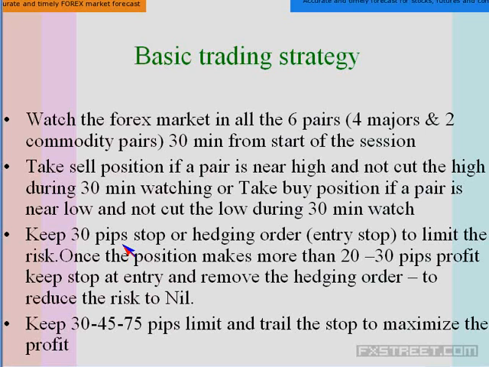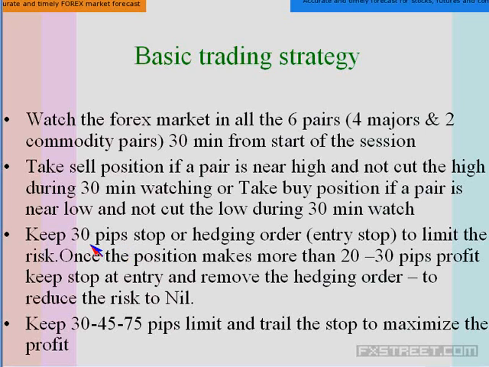And if you feel that the stop might be hit, then obviously don't take any position. And if you find that it is very unsafe to keep the stop at the desired level of 30 pips over the market, that means you are entering the market out of your emotions and not out of your trading position.